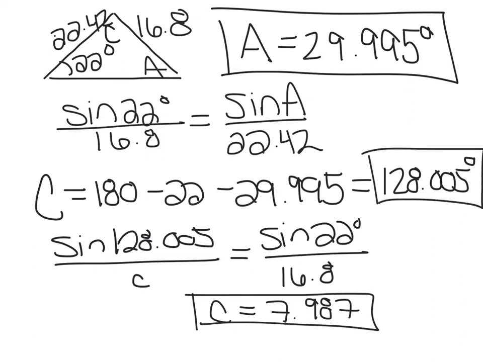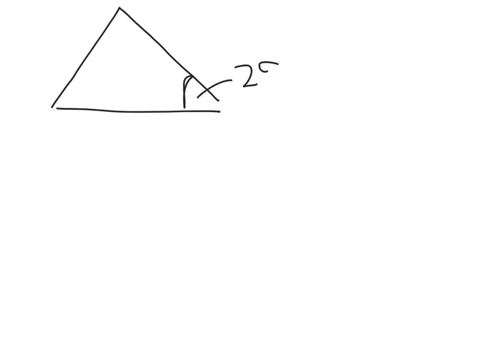Now we have to go through and do the second triangle. So let's draw this picture again. When we did this, we swung this side out and we made this angle right here in our triangle. This angle became 29.995 degrees. We also can swing this side B inward and make this triangle.